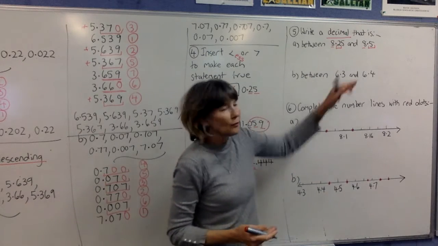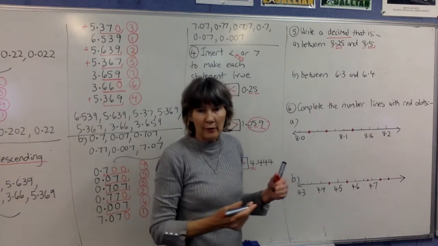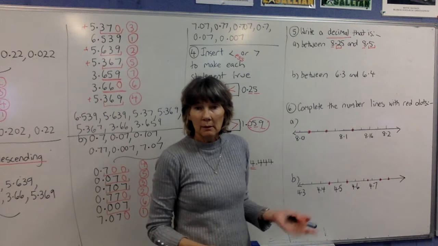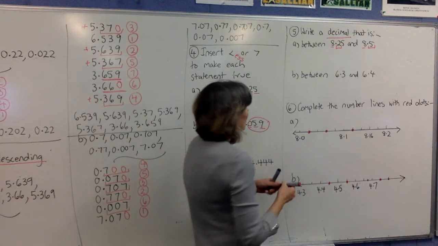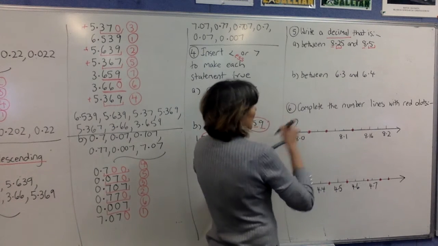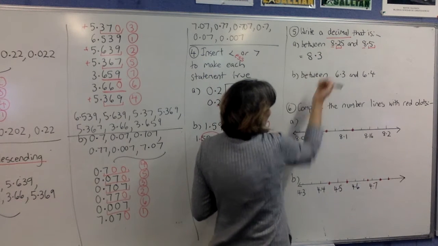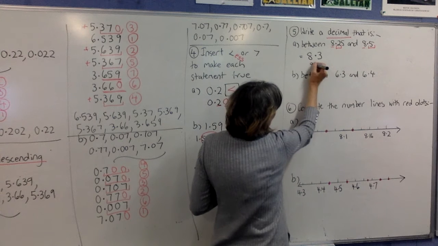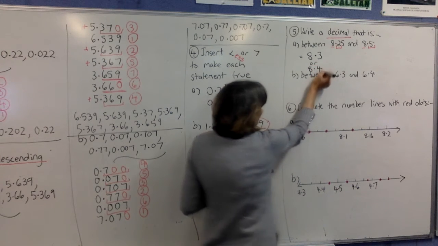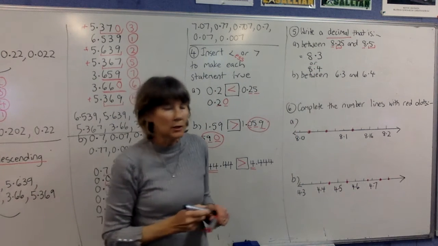That's a 2 and that's a 5. So between the 2 and the 5, we've got a 3 and we've got a 4. So the easiest way to give a correct answer, because they only want one decimal, would be to say 8.3 or maybe 8.4. They're the easiest correct answers to write.